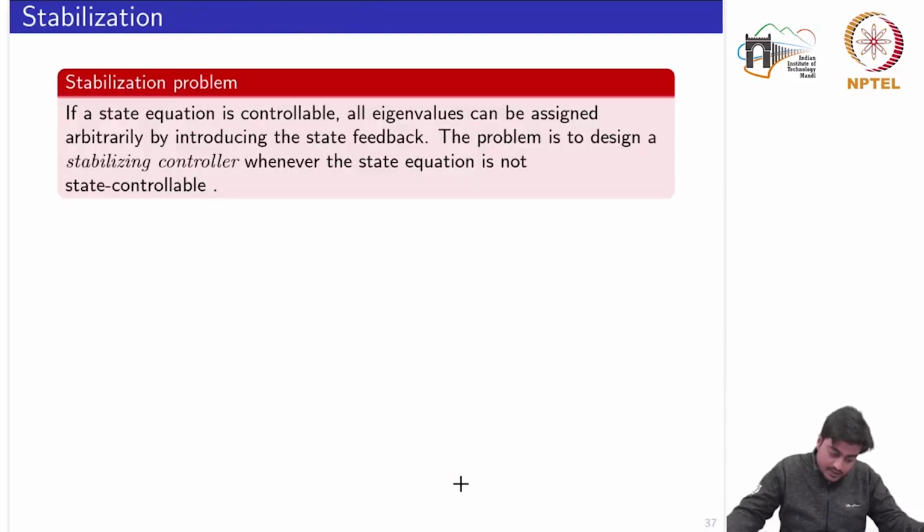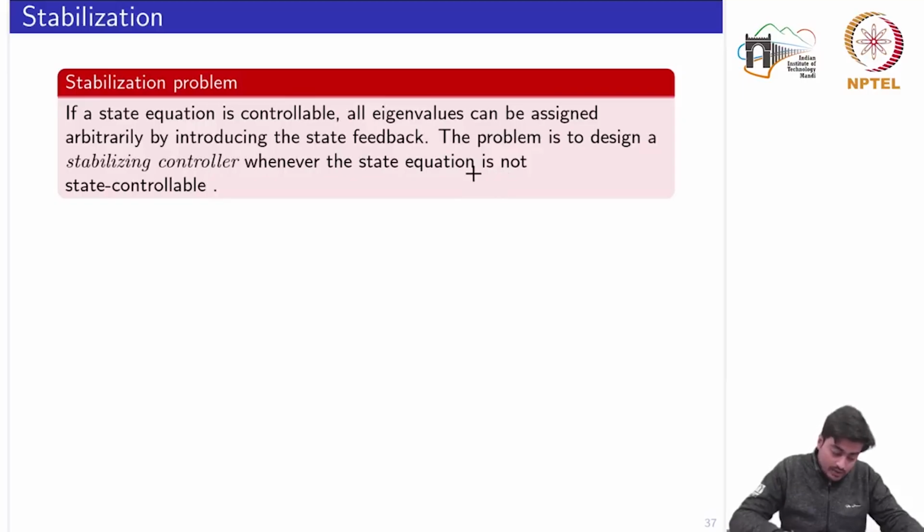We could also see the stabilization problem next. So far we had discussed that if the plant is controllable, then the eigenvalues could be arbitrarily assigned. But the problem here is that we want to design a stabilizing controller whenever the state equation is not completely state controllable.